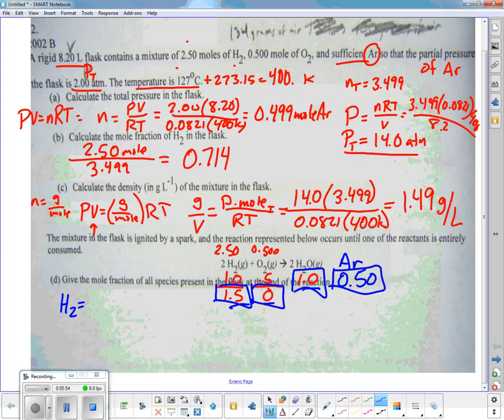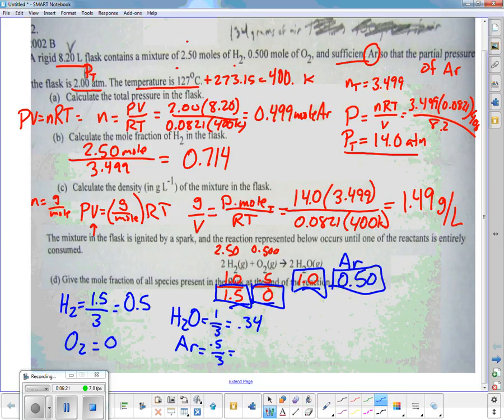So we're going to go here, this will be 1.5 divided by 3, so 0.5. And then oxygen will be 0, right? Water will be what? 1 over 3, which is 0.33 repeating, so 0.34. And argon is 0.5 over 3, which is 1/6, which is 0.16 repeating, so 0.167.